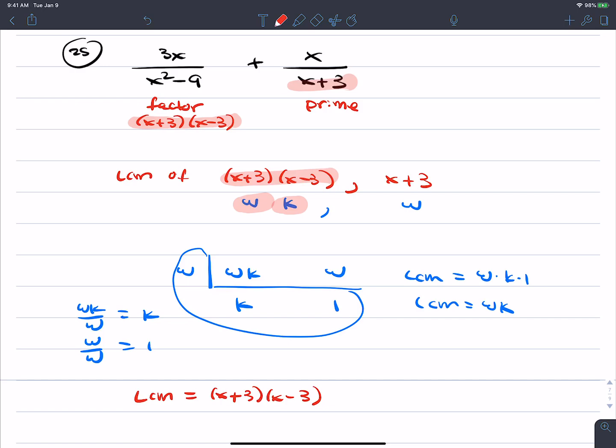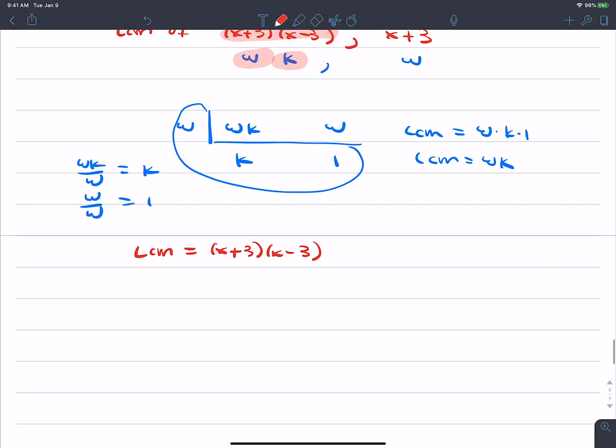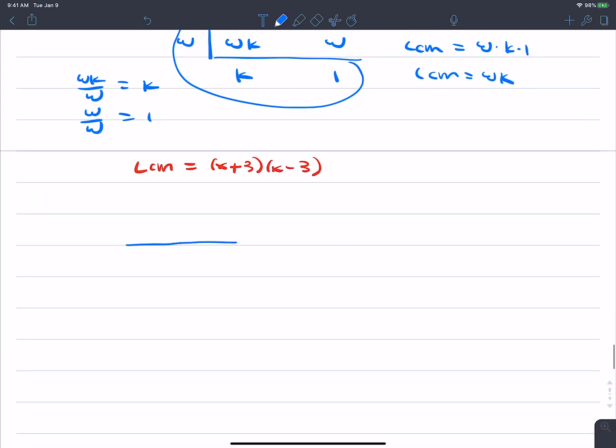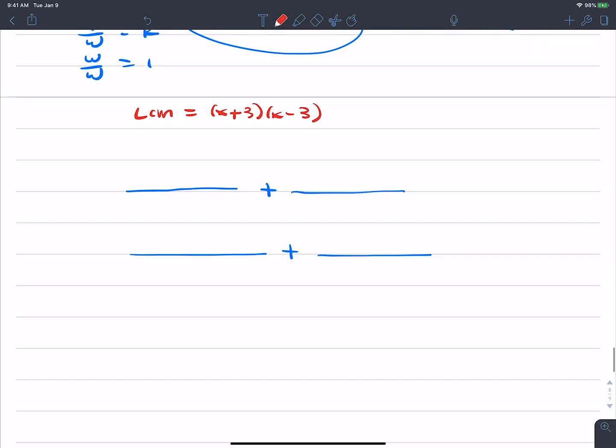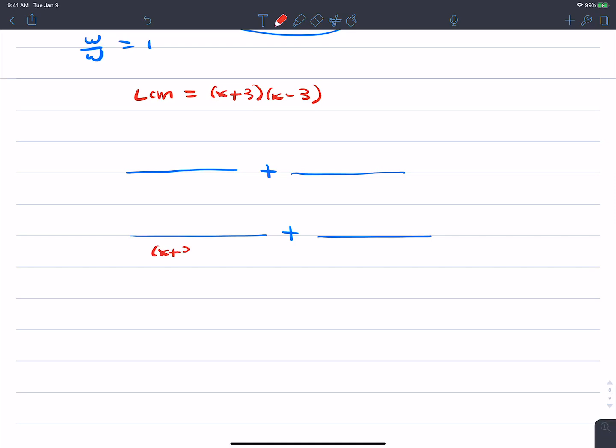So this is what we're going to use to add these unlike fractions. We're going to use it as part of our setup. Okay, let's write the setup down. Our LCM is going to go down here: x plus 3, x minus 3, for both fractions.